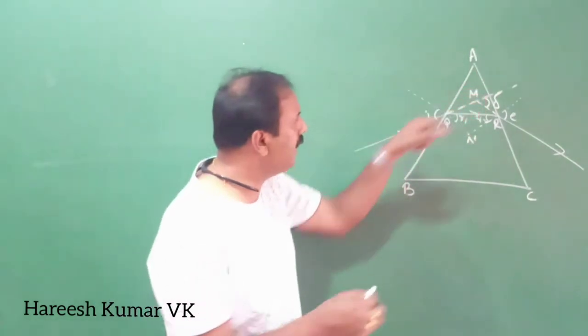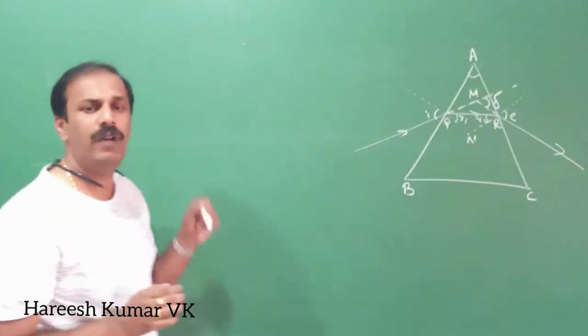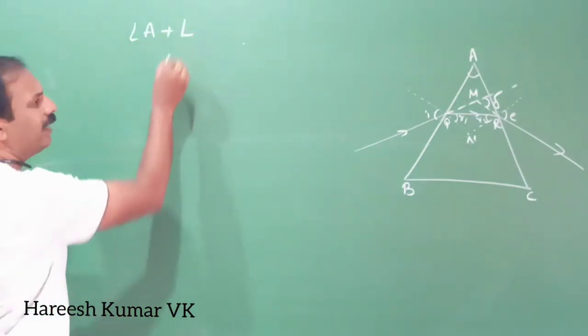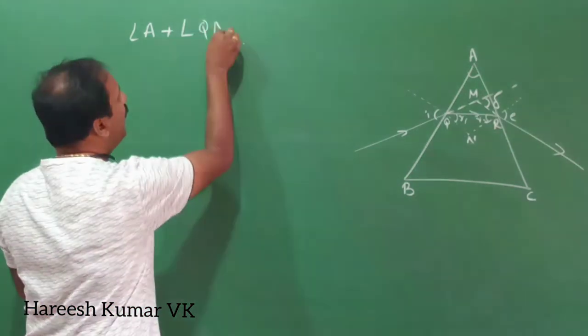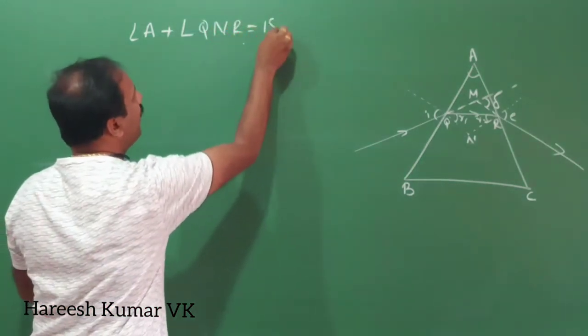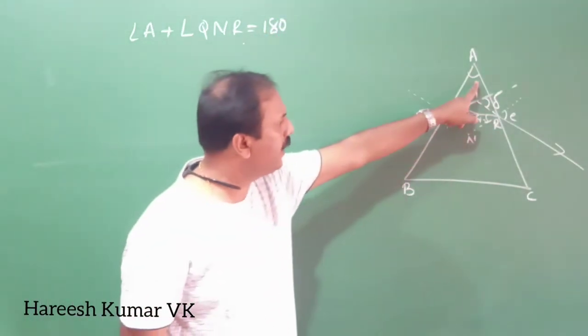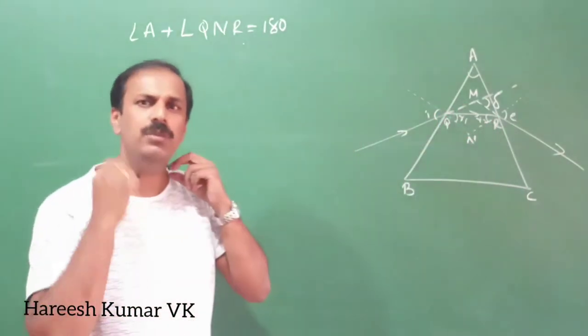So the remaining angles, angle A plus angle QNR, should also be 180. That is, angle A plus angle QNR is equal to 180 degree. The reason is that all the angles together should become 360.